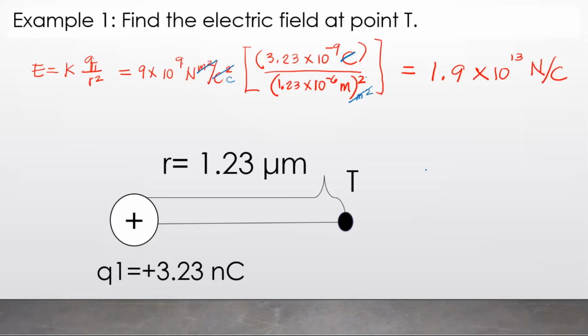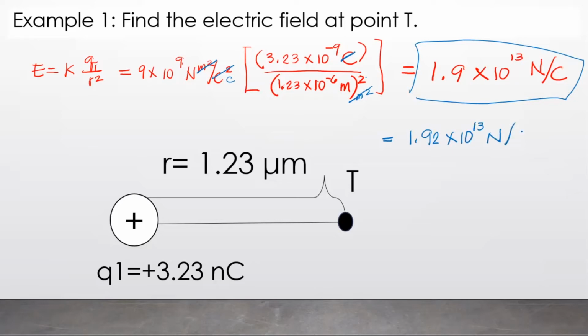So in problem number 1, our answer is 1.92 times 10 raised to 13 newton per coulomb.